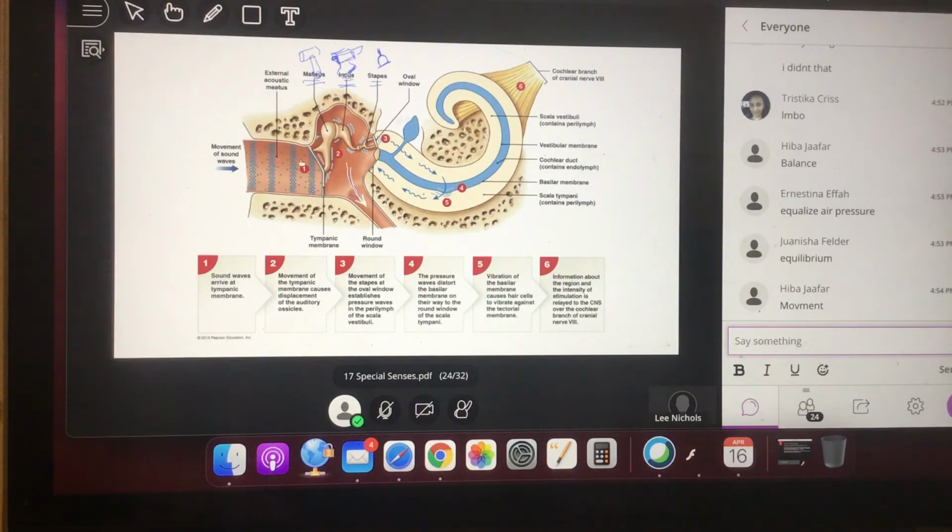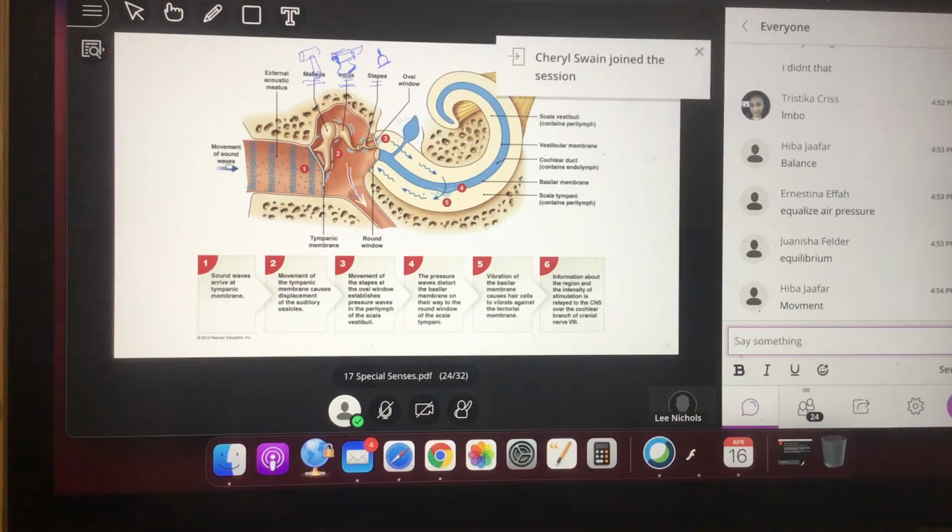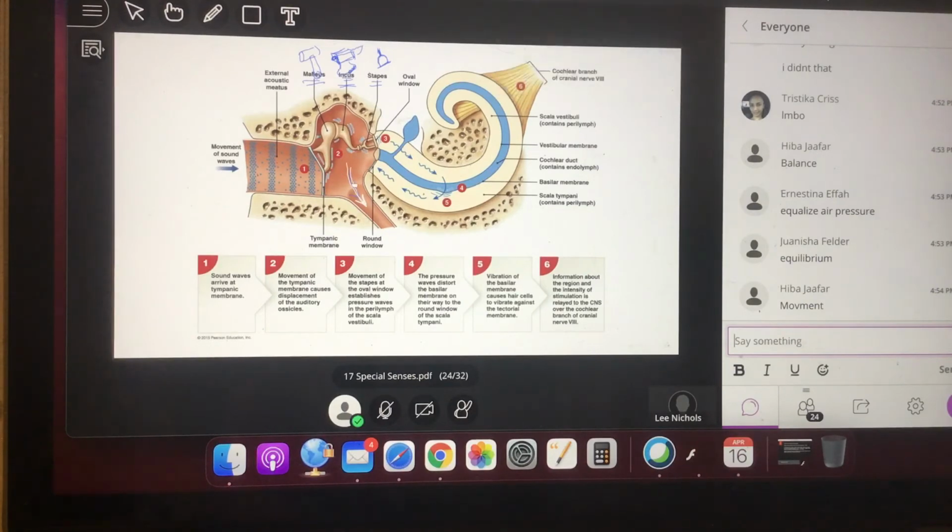But this side of the membrane, the outside, coming from the outside world, it's open to the air. This side over here is closed off. But when you yawn or swallow, this opening to the back of your throat opens up and equalizes the air pressure in the middle ear, makes it equalize with the outside pressure, with the air pressure.